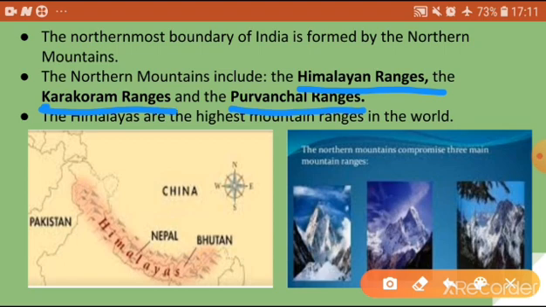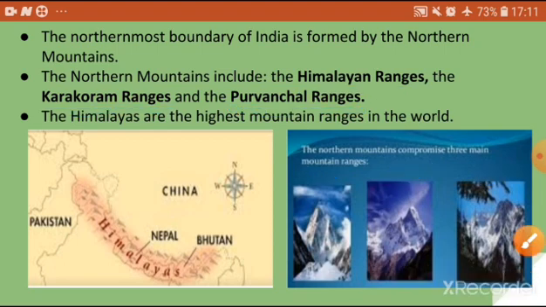So the northern mountains include 3 mountain ranges. What are they? The Himalayan ranges, the Karakoram ranges, and the Purvanchal ranges. The Himalayas are the highest mountain ranges in the world.